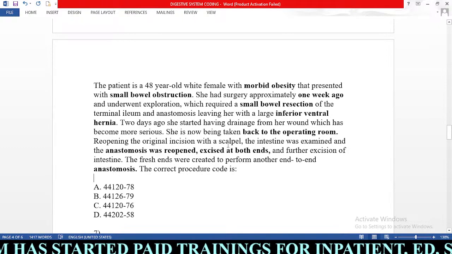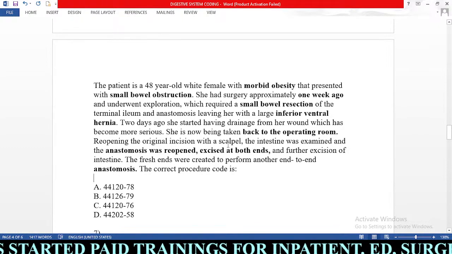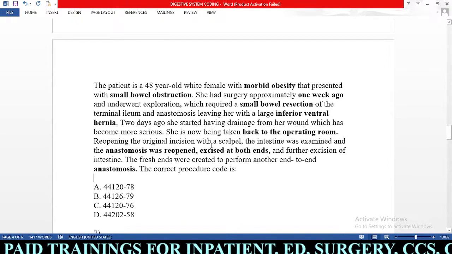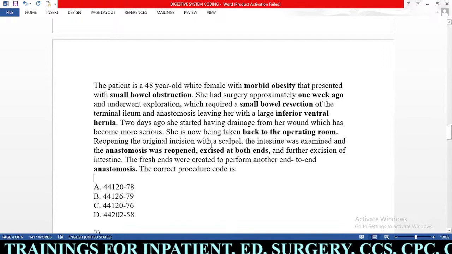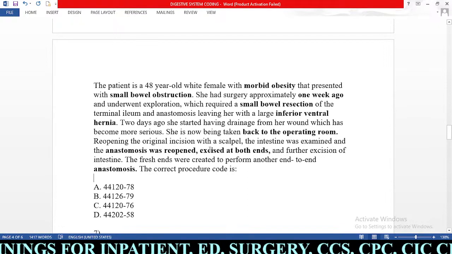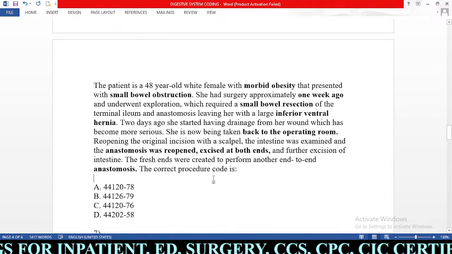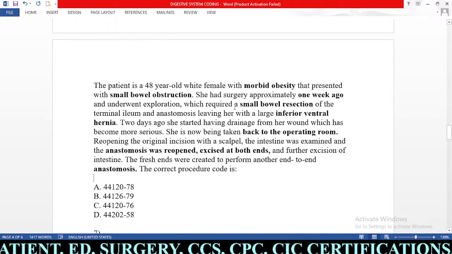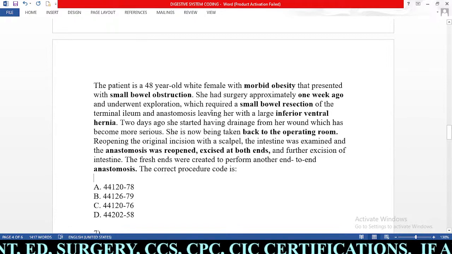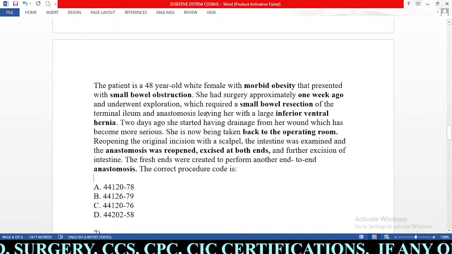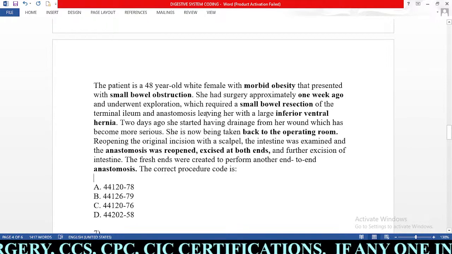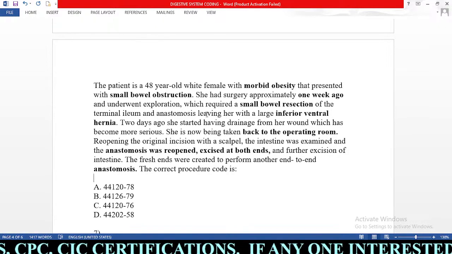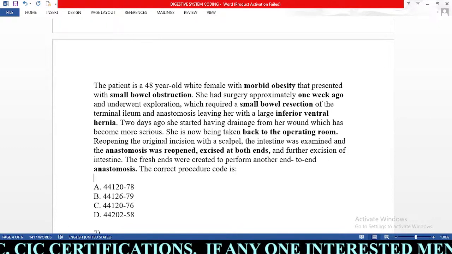So the physician took her to the operating room again, opened the incision, performed the procedure again and created anastomosis. We need to remember that here it is an open procedure. There is no port or any keywords related to laparoscopy mentioned here. So we will check 44202 first. What is 44202?